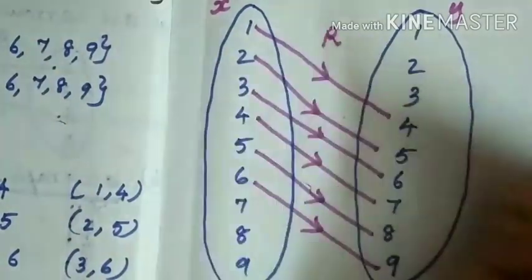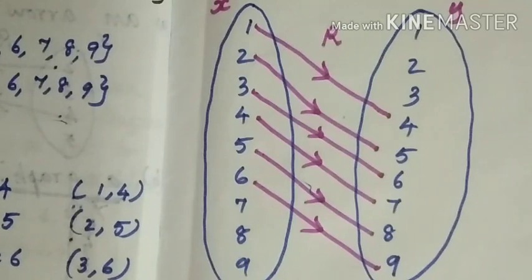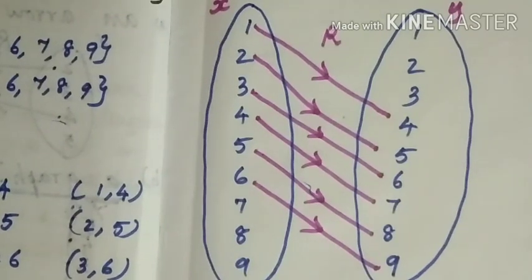This is the relation's ordered pairs in an arrow diagram.